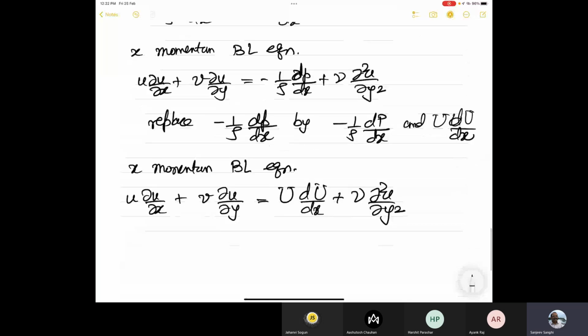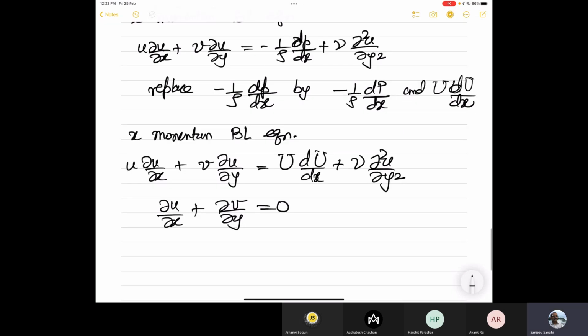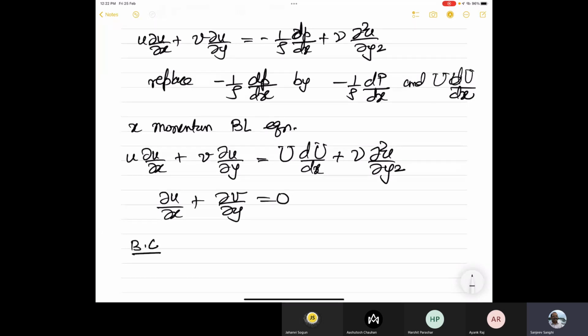And in this way, capital U is known from the potential flow. And of course, the second equation we have is the continuity equation. Now there is no equation for pressure because we have replaced the pressure term with the potential flow velocity.